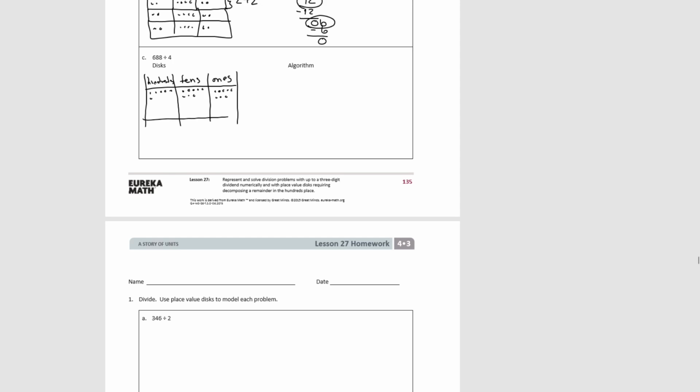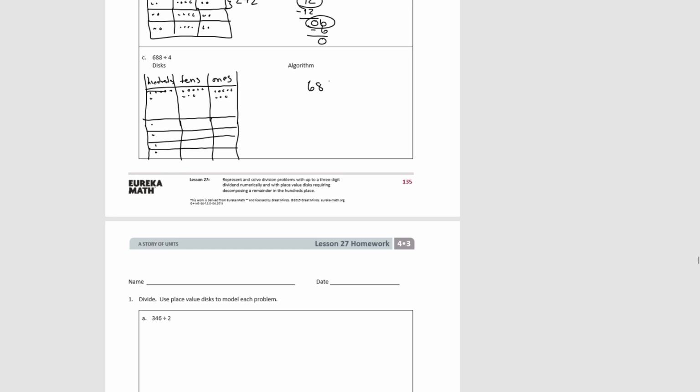And we're making 4 equal size groups. So if we have 600s, we can put 1 hundred in each group, which would use 400s.